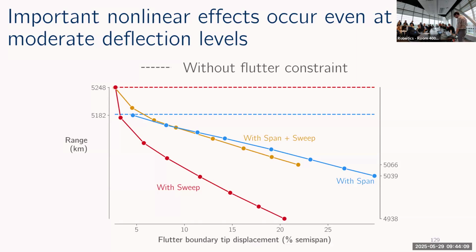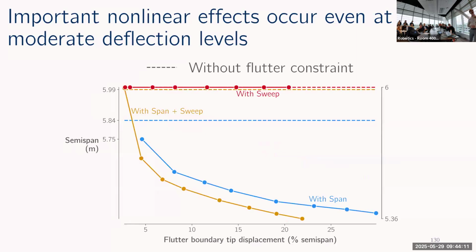And it's not just the cruise range of the wings that are affected, but also the designs themselves. So here I'm showing for the wingspan, we get between a 5 and 10% reduction in the optimal wingspan, depending on the level of deflection that the flutter constraint is enforced at.